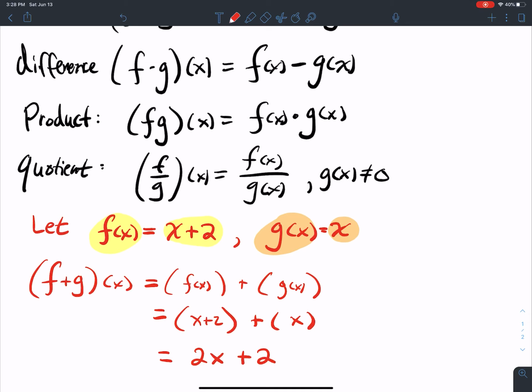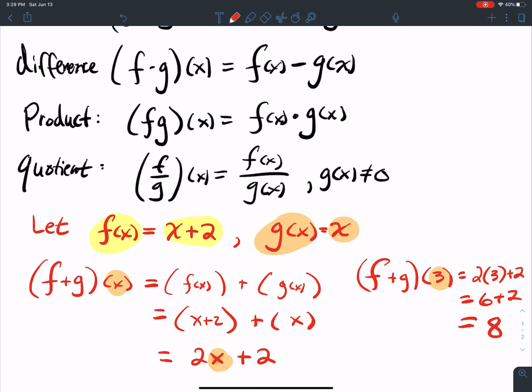Now say I wanted to calculate f plus g of 3. Well, what do I do here? I plug in a 3 everywhere I see an x. So this becomes 2 times 3 plus 2, which is 6 plus 2, which equals 8. Okay?